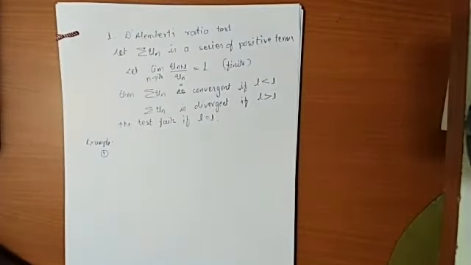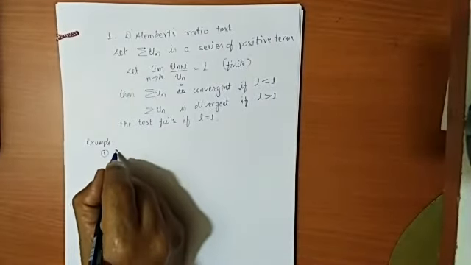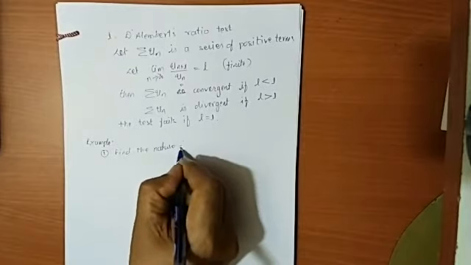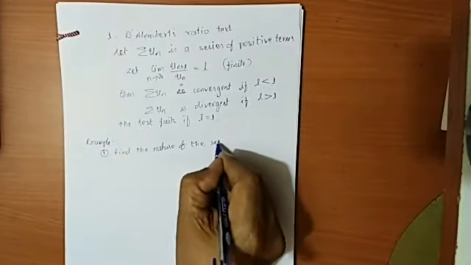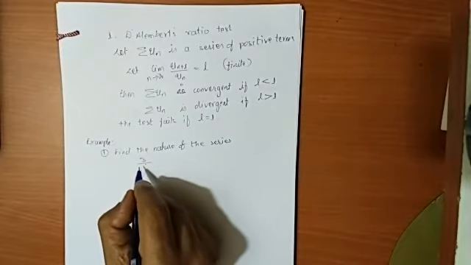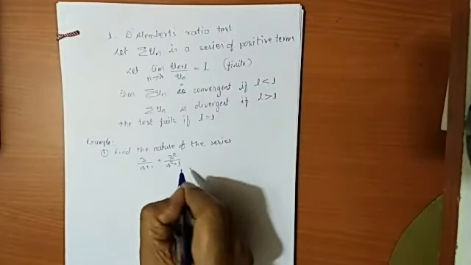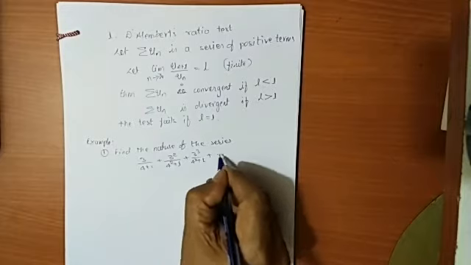In the question bank of module 4, the second one: find the nature of the series 3 over 4 plus 1, plus 3 squared over 4 squared plus 1, plus 3 cube over 4 cube plus 1, and so on.